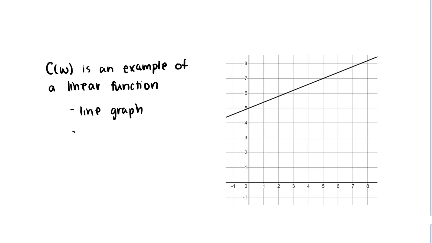The other thing I wanted to point out was this idea that the function had a constant rate of change. No matter what 2 points, or ordered pairs, I used for my function, we got the same rate of change. Any function that has a constant rate of change is an example of a linear function.